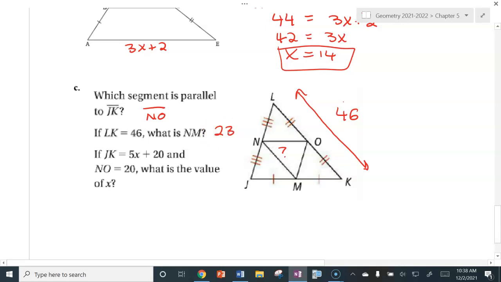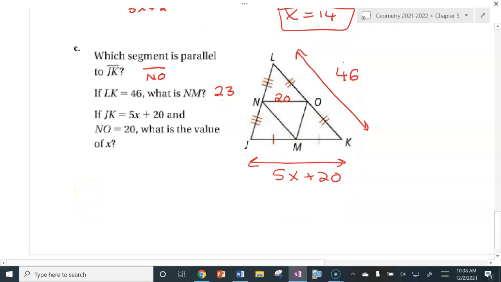And then it says, what if JK is 5x plus 20? So this here is 5x plus 20. And it says NO equals 20. What's the value of x? Well, two ways you can go.